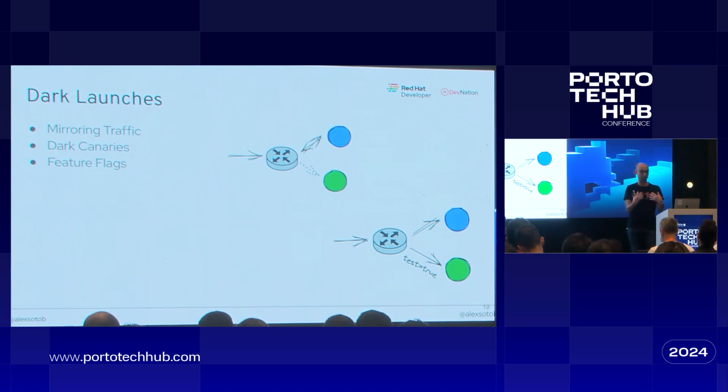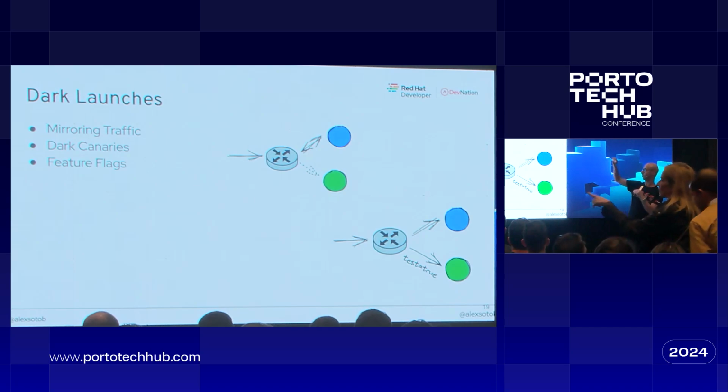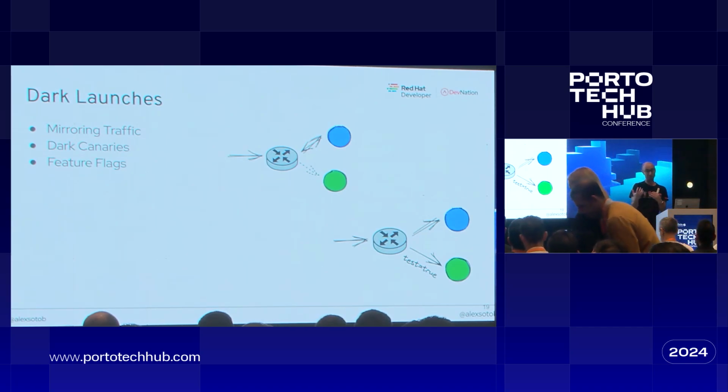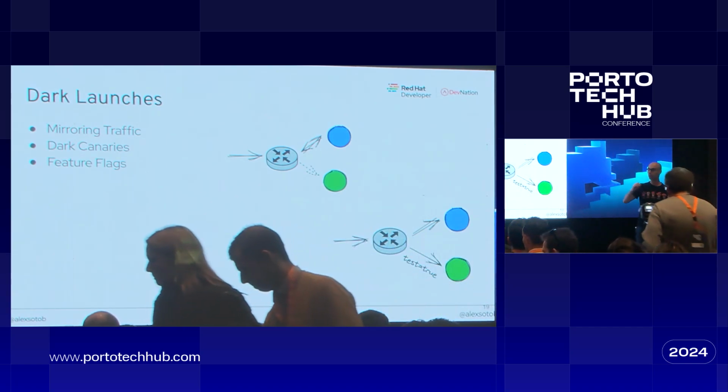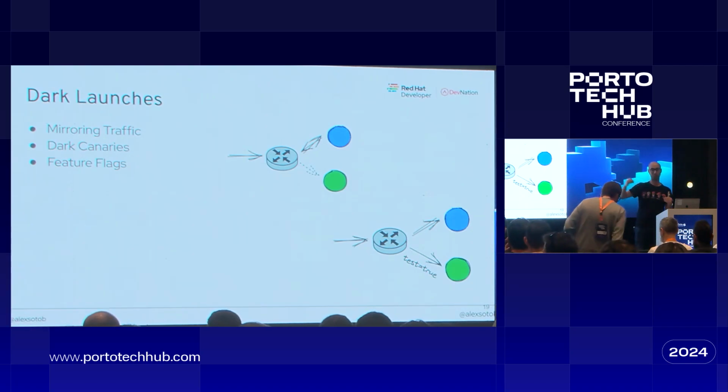Why? Because what I want to do is test my new application with a request that I can compare with the old version. In this case, for example, I could start comparing the performance of the blue and the green. But all the users always have the response from the old version, the one that I know works. This is known as the mirror traffic technique.